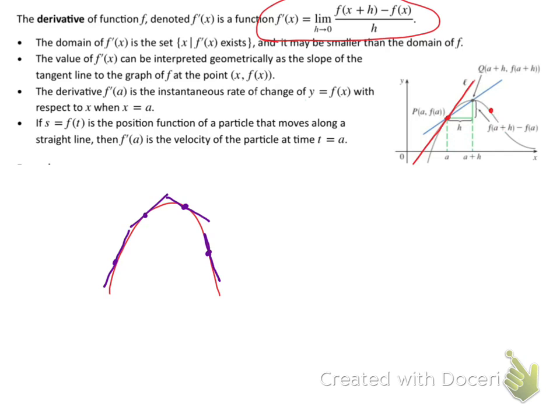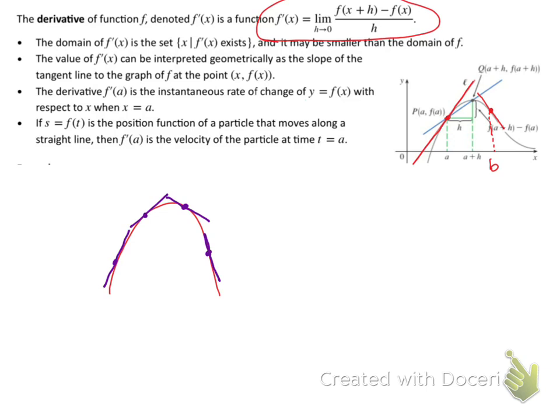I don't think that's a very good drawing. I think that's better. Let's call this point b. The slope of this line will be f prime of b. This will be a negative number because the line that I just drew is falling.